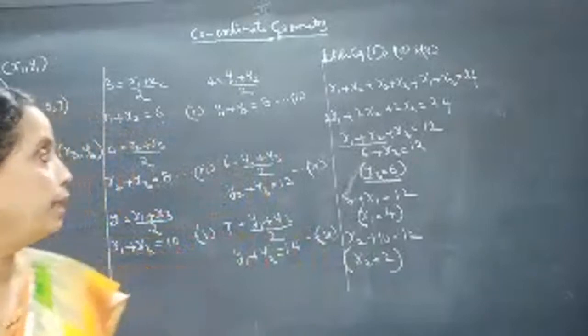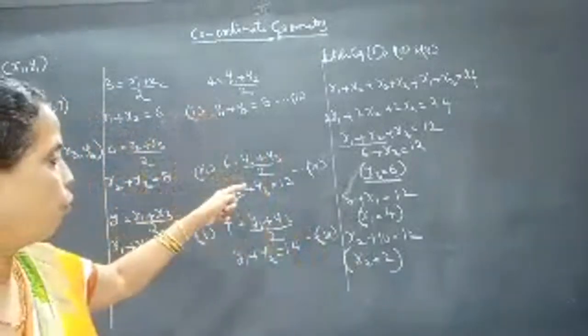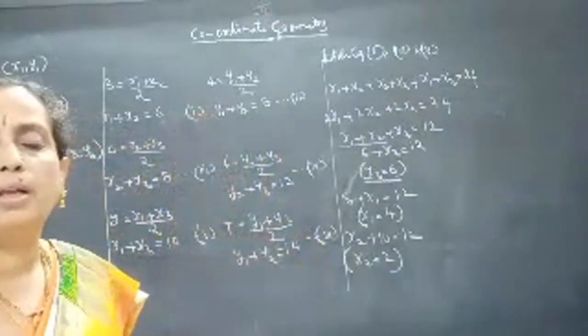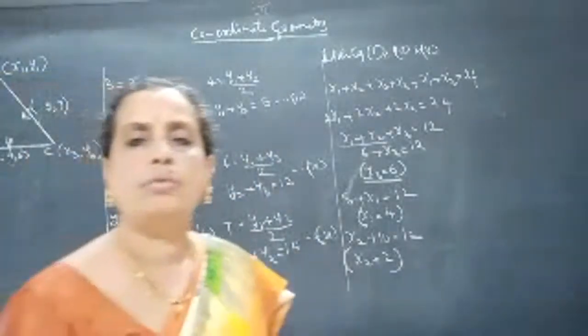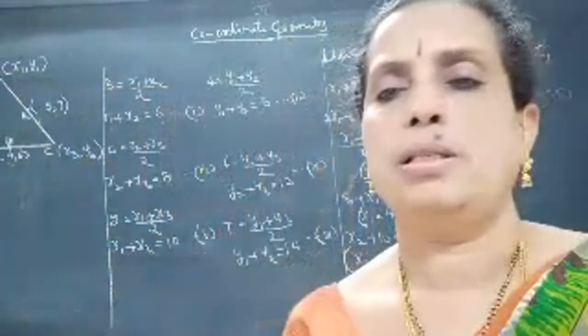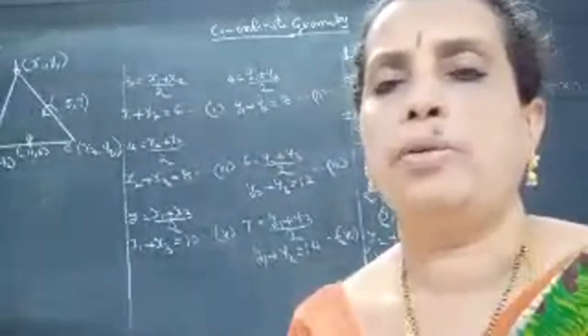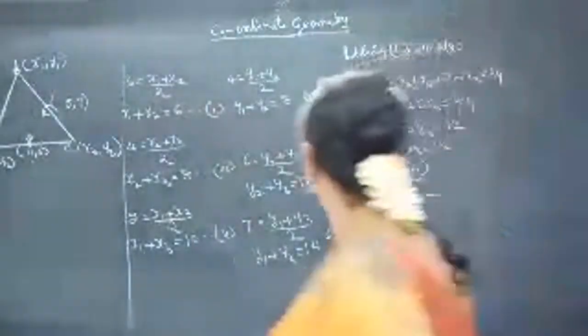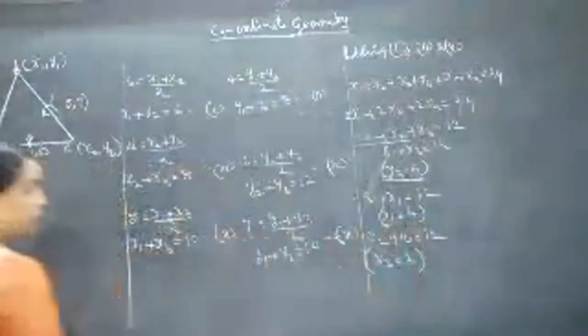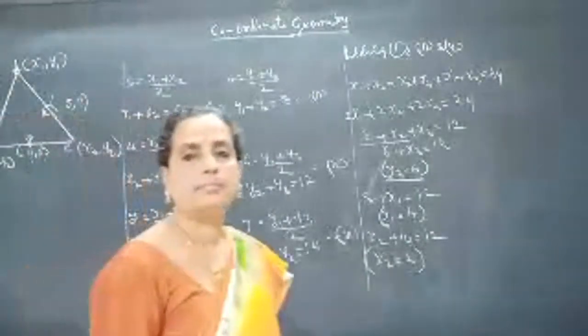Same way, by adding equations 2, 4 and 6 you will get y1, y2, y3. Is it clear now?